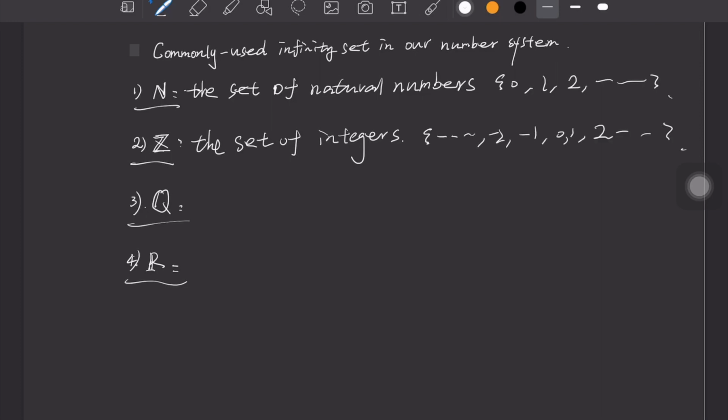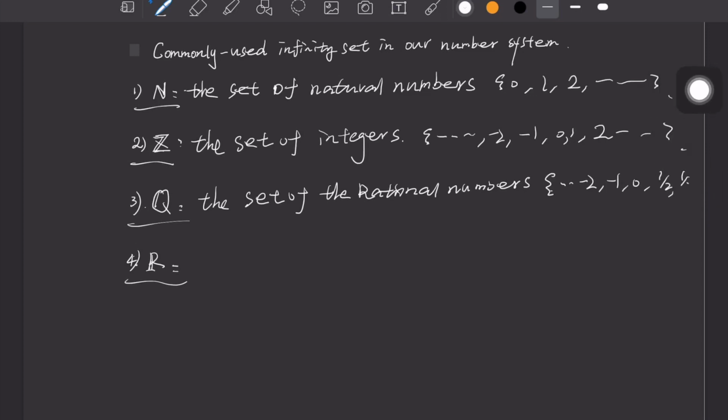And the third one is the set of rational numbers, which includes all integers and all fractional numbers like 1 over 2, 1 over 3, etc.